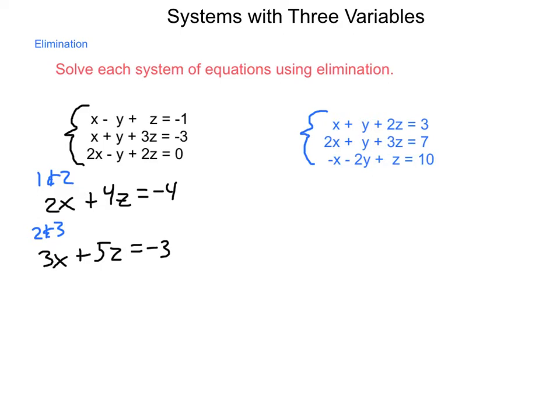What's our lowest common multiple of 2 and 3, or lowest common multiple of 4 and 5? It's going to be a lot easier to find it for 2 and 3, so we will take off there. The lowest common multiple of 2 and 3 is 6. So I'm going to multiply the first of my new equations by 3, and I come up with 6x plus 12z equals negative 12.